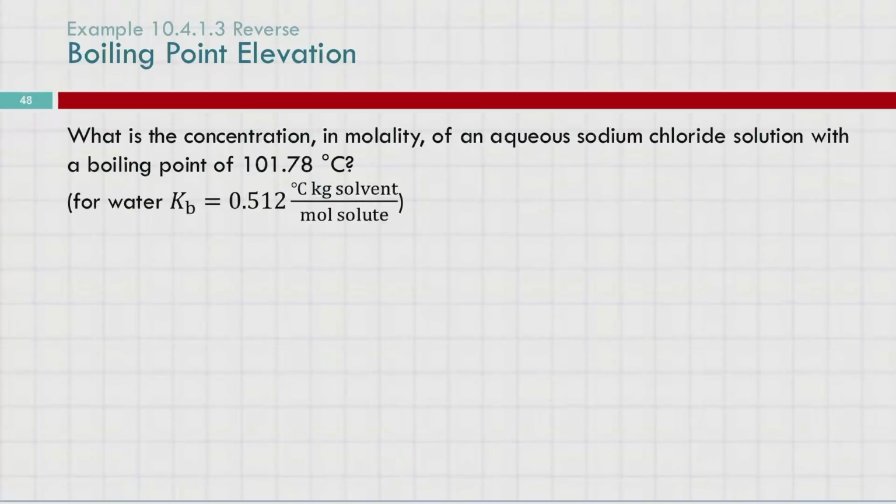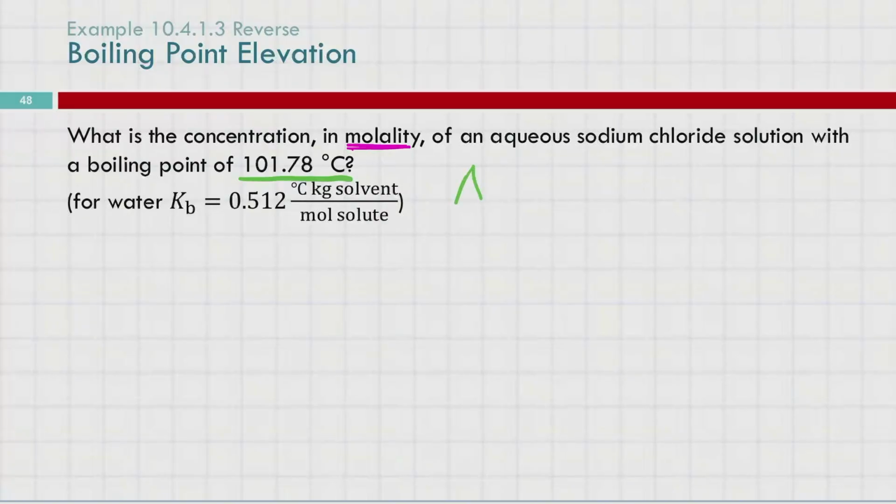What is the concentration in molality of an aqueous sodium chloride solution with a boiling point of 101.78 degrees Celsius? So we want molality of something that has this boiling point, 101.78 degrees Celsius.